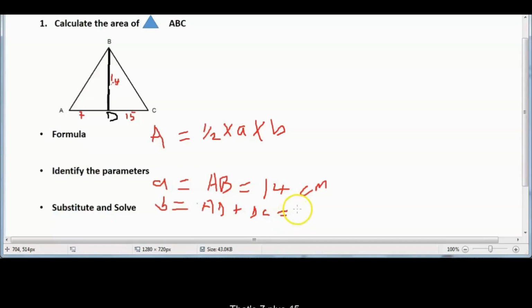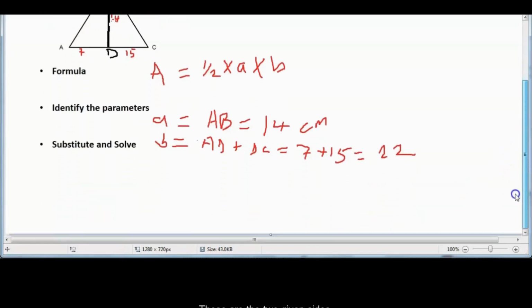That's 7 plus 15. Equals to 22. So these are the two given sides.